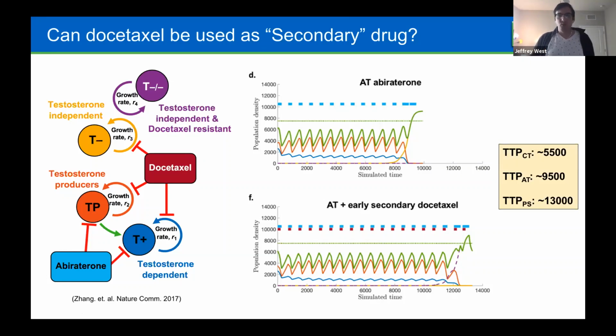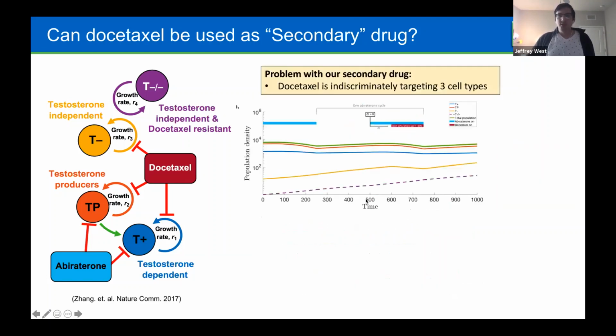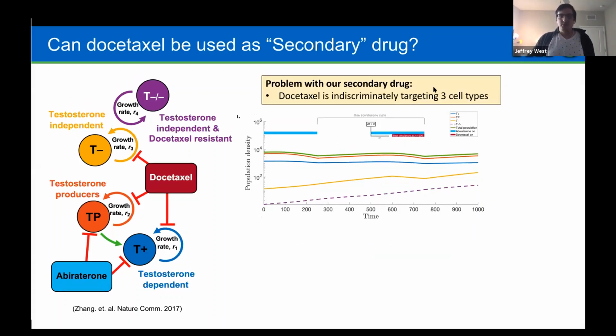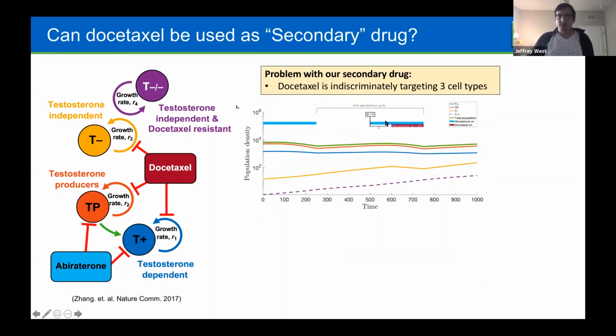But you might ask, when should we give that secondary docetaxel? What we did is we looked at every single timing to give docetaxel in comparison to when we give the adaptive administration of abiraterone. For example, if we give them both at the same time, delta T is 0.